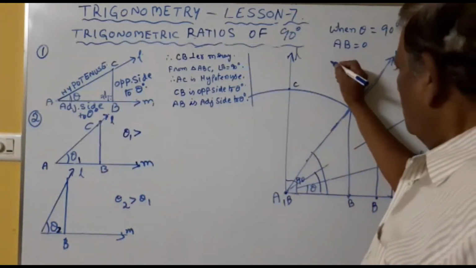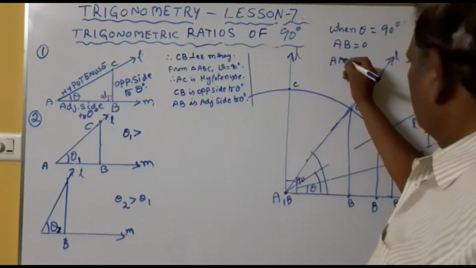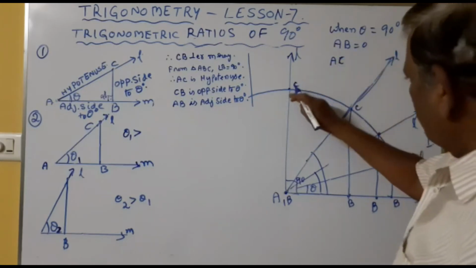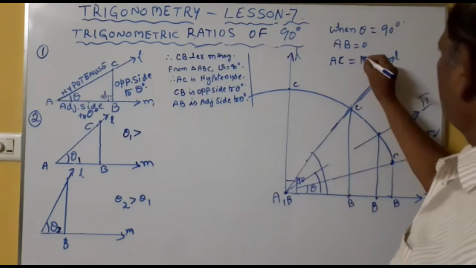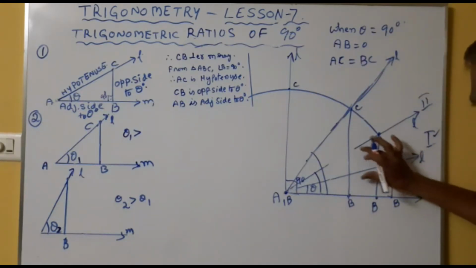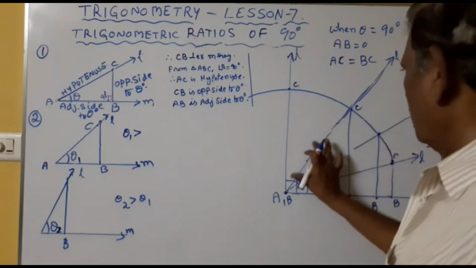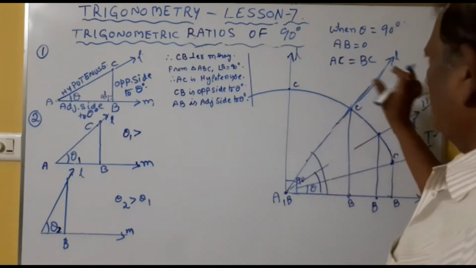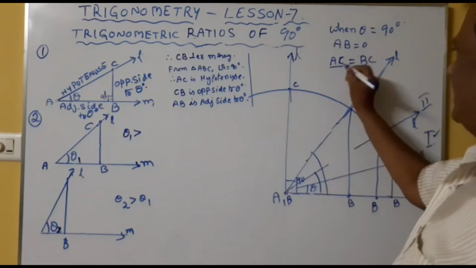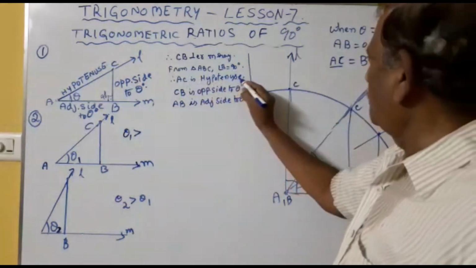Second, the height AC equal to BC, the perpendicular height BC. AC and BC are equal. Now, what is AC? AC is hypotenuse.